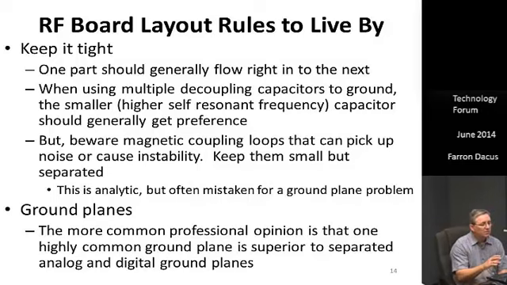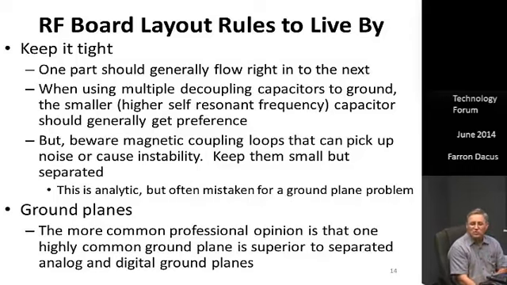When you're using multiple decoupling capacitors to ground, which is a common practice because one may not have enough capacitance and it's got its own self-resonant problem, you very often use a set of, say, power supply bypass caps. You normally put the smaller one right close to the sensitive node, and then the larger caps you'll work out a little farther away.